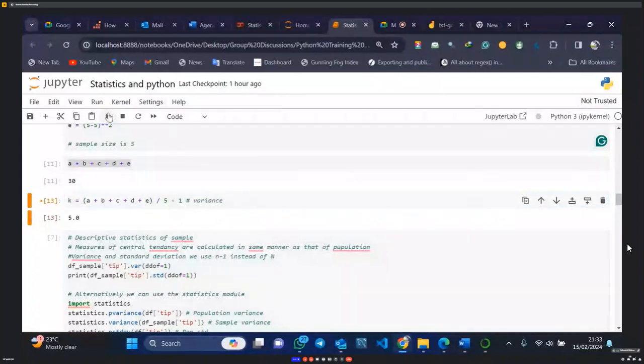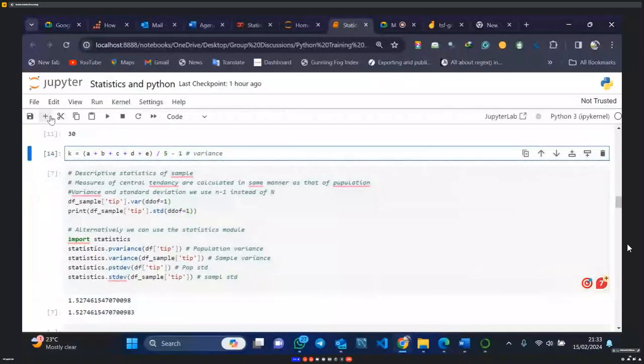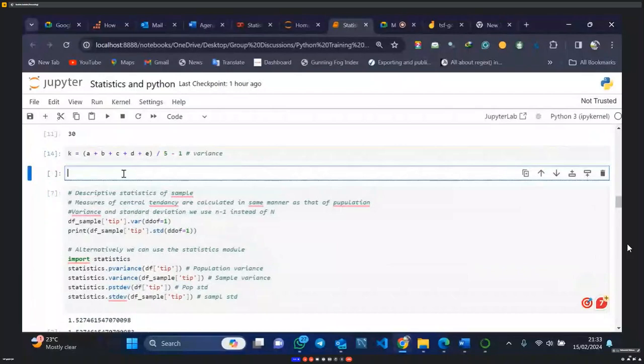For the standard deviation, you just take the square root of k. Now you'll have the standard deviation.